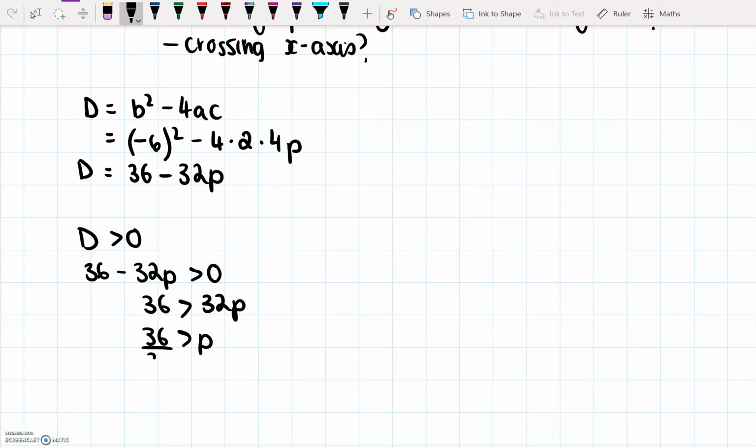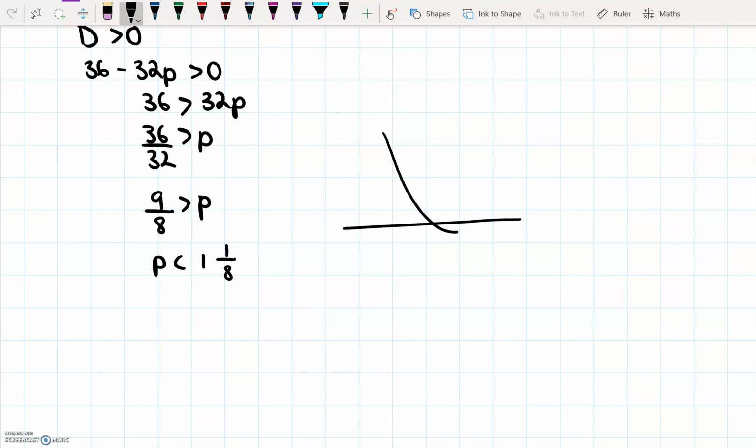So for any value of p that is lower than 1 1/8, we will get two solutions for x, and our parabola will cross the x-axis. So if p is less than 1 1/8, then we get a parabola that looks like this. If p is greater than 1 1/8, it will be above the x-axis.